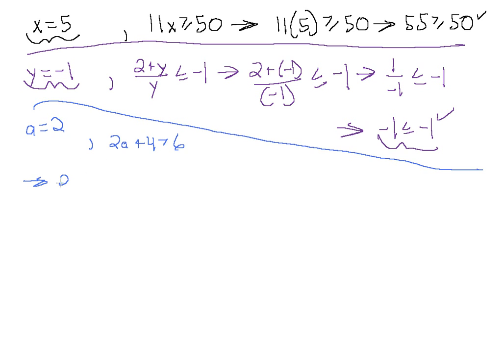So let's go ahead and do that. We have 2 times a, which is 2, plus 4 is greater than 6. 2 times 2 is 4, plus 4 is greater than 6. And we have 4 plus 4 is 8, which is greater than 6. That checks out, which means a equals 2 is a solution contained in our interval that satisfies the inequality.